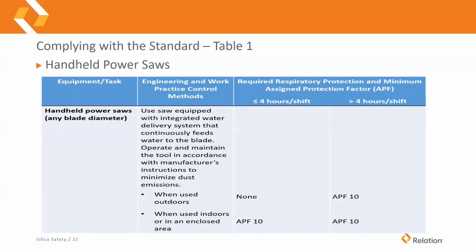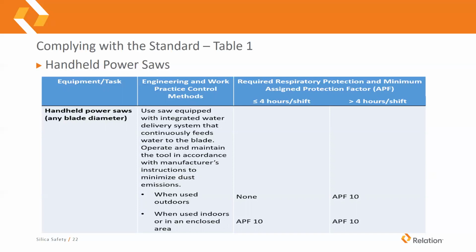So the equipment task is a handheld power saw. It doesn't matter the diameter of the blade. You have to use a saw equipped with an integrated water delivery system that continuously feeds water to the blade. Operate and maintain the tool in accordance with manufacturer's instructions to minimize dust emissions. When it's used outdoors for 4 hours or less, you don't have to wear a respirator.